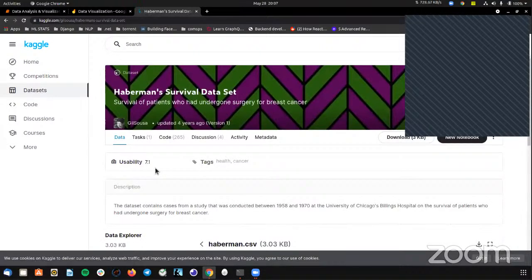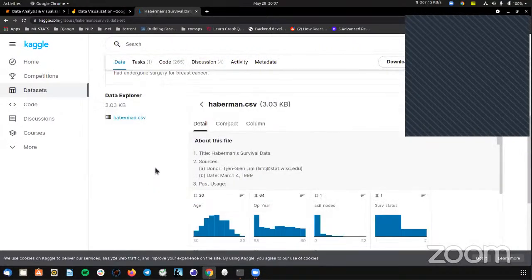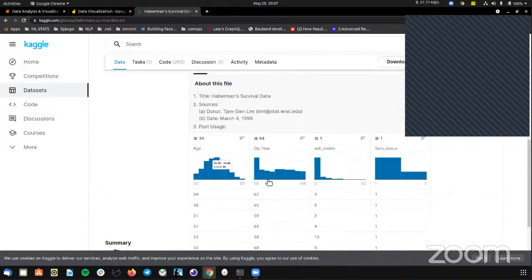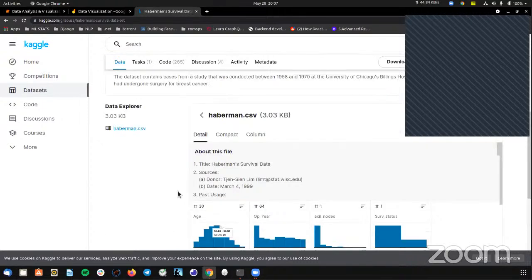Everything that we have seen till now, please go through this data set and implement it on this data set. It is only 3.3 KB, it won't be that much of a big deal, just download it.